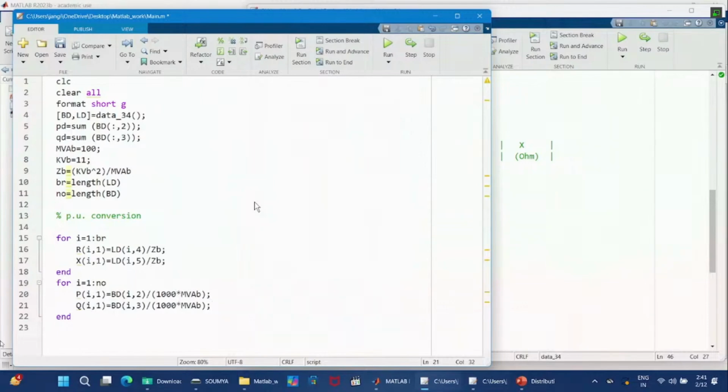But before moving to the calculation, let us check whether we are getting all P and all Q values in per unit or not. Just write capital P, whatever it is coming, and we will check these two also.